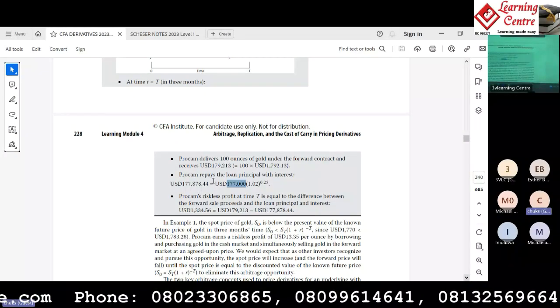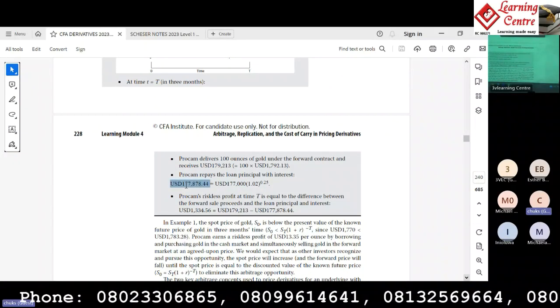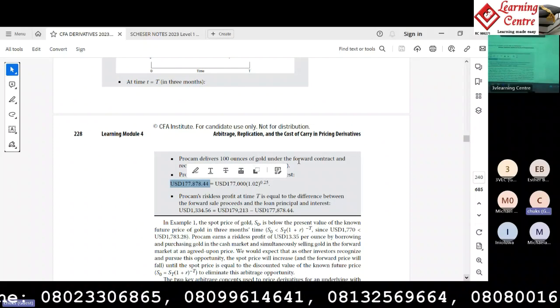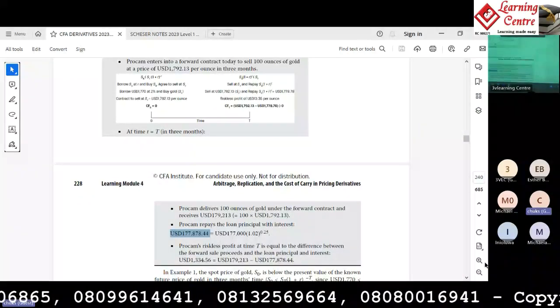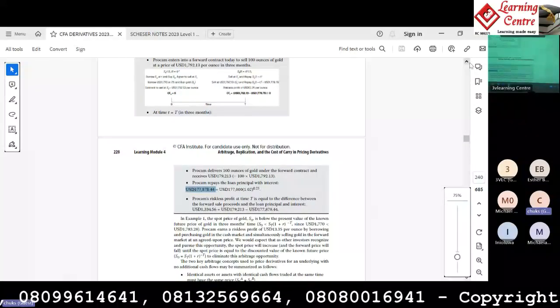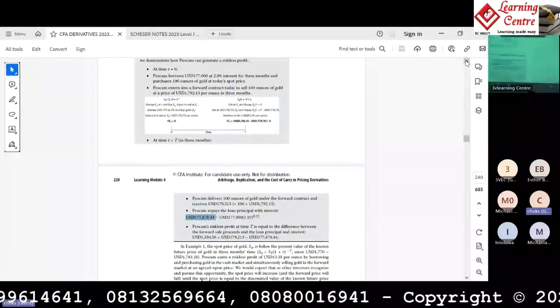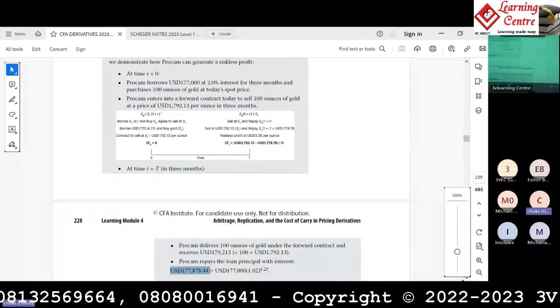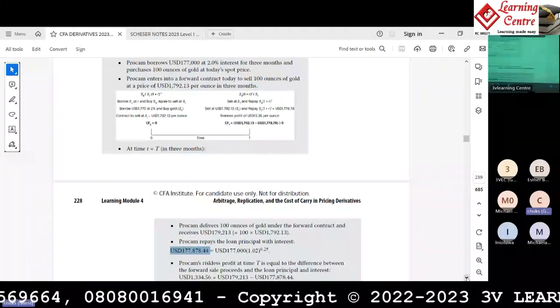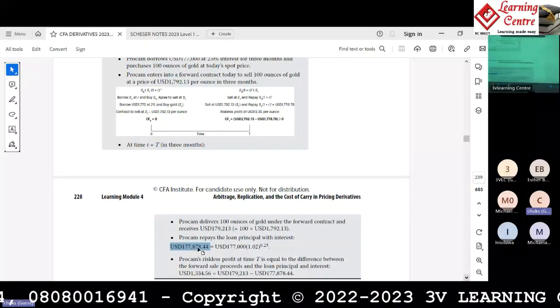Okay, so remember, they've just multiplied everything in this question by 100. So it's the same numbers. The only difference is they multiplied it by 100. In this case, you have 177,878.